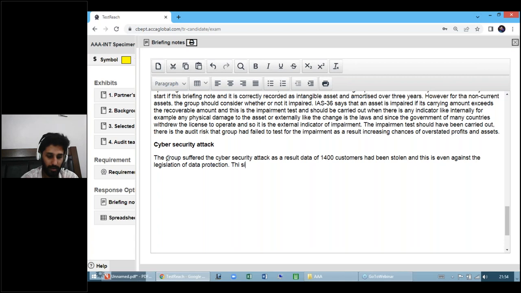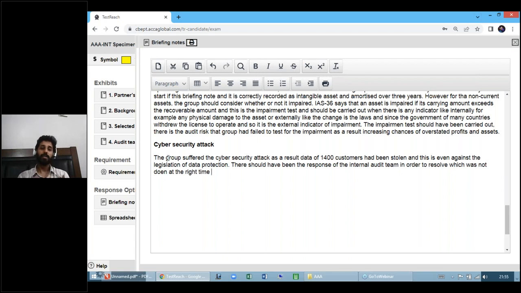There should have been a response from the internal audit team in order to resolve it, which was not done at the right time.